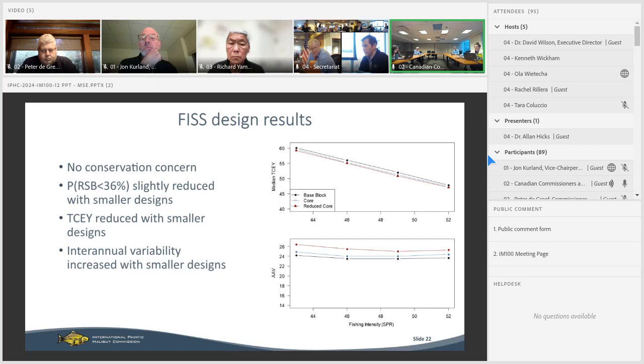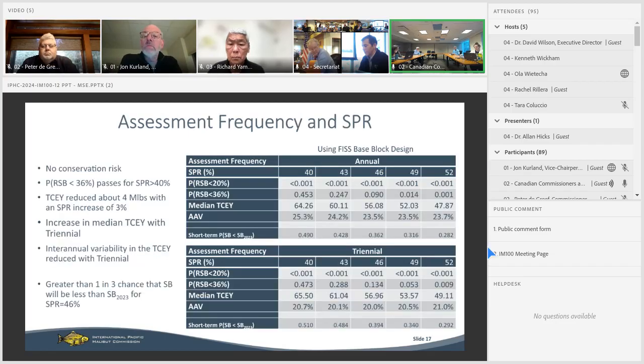Because we're so far away from those numbers now. And then that led me to another question about, did we run these scenarios with starting conditions that reflect where the stock is now? And do you have any thoughts about whether that would change the probabilities and results that are presented in these tables?